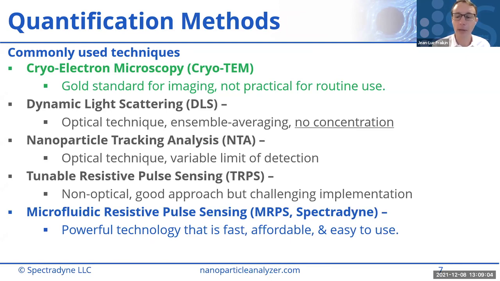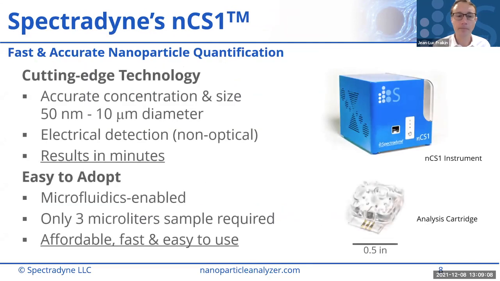And let me tell you a little bit about how it works so that we're on the same page for the following discussion. So Spectradyne's NCS1 is this benchtop instrument I'm showing you on the right here. It's a cutting-edge technology, and it delivers absolute concentration and size of particles starting at about 50 nanometers diameter and up to about 10 microns.